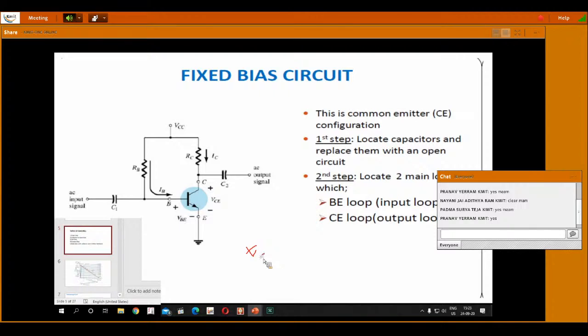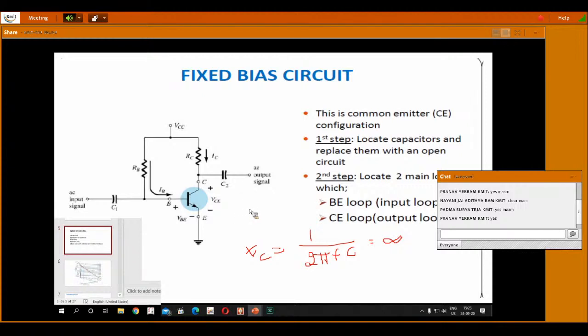XC is equal to 1 by 2 pi FC, right? For a DC signal, the frequency must be 0, so 1 by 0 becomes infinite. So it offers an infinite resistance for the DC signal. Hence, C1 and C2 must be open circuited to obtain the DC analysis.